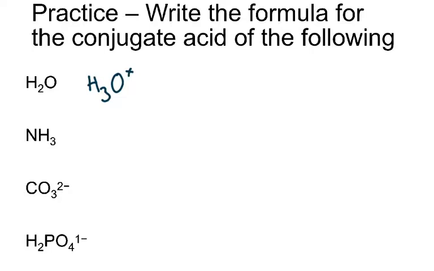Ammonia, if we add an H to it, becomes NH4+. CO3 2- becomes HCO3-. Remember that H is coming with a positive charge, so make sure you account for that. And H2PO4- is going to become H3PO4, neutral.